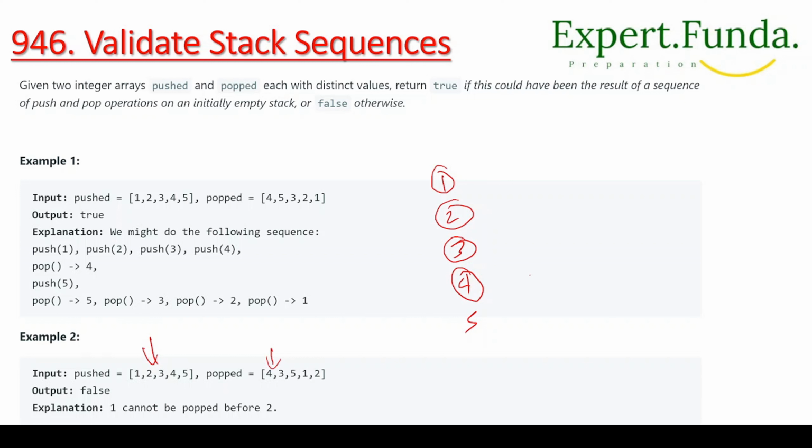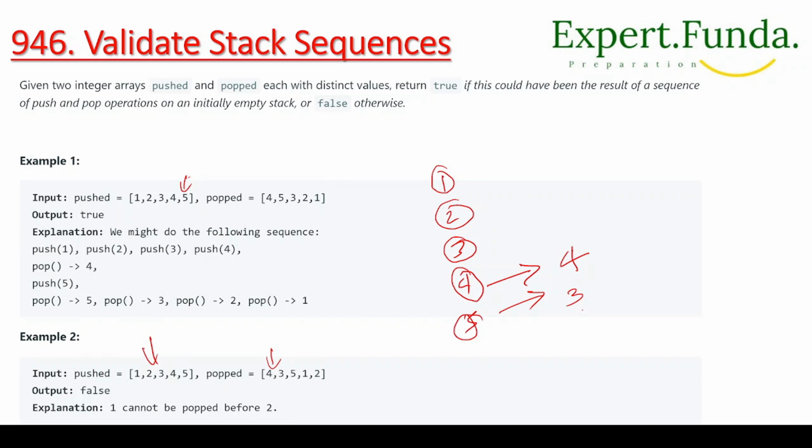The first element we pop is 4, as you can see in the pop sequence, so we have removed 4. After removing 4, we can remove 3, because 5 we have not pushed. So what will we get? We will get 3. If we push 5, we can return 5, but if we are not pushing, then we return 3. So 4 and 3 is correct.